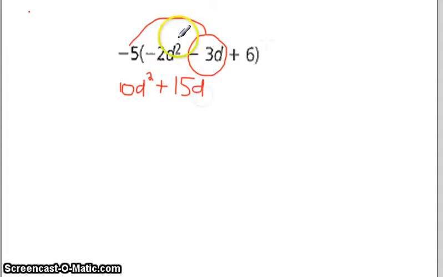Then my third term, -5 times a +6. 6 times 5 is 30. Mixed symbols, so it's negative. And that's my answer: 10d squared plus 15d subtract 30.